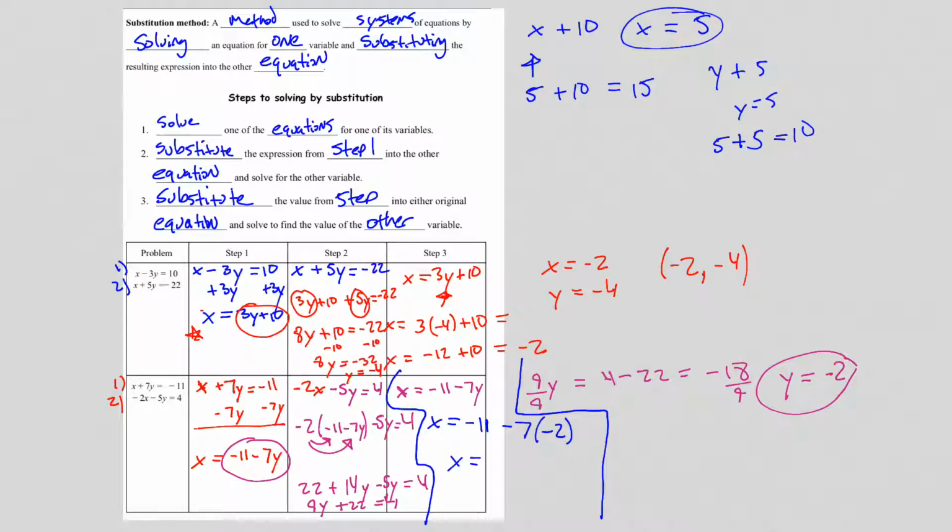So x is equal to negative 11, and then minus 7 times negative 2 is plus 14. So this is negative 11 plus 14, which makes x equal to 3. So if x is equal to 3 and y is equal to negative 2, that's the point 3, negative 2. That's the point at which these two lines intersect. It is also the solution to the system of linear equations.